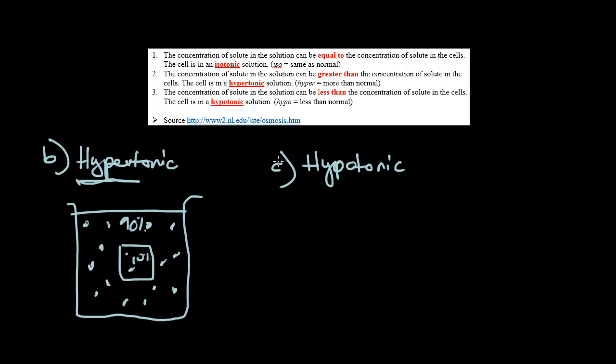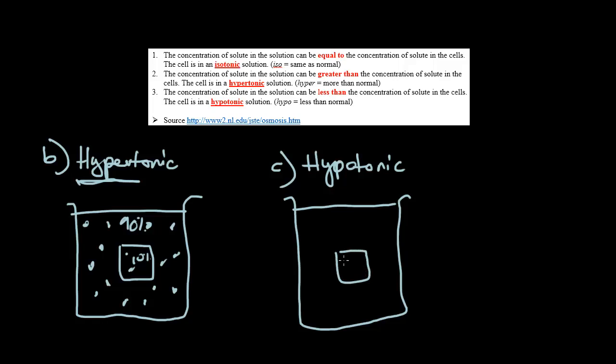Hypotonic is when it's less than normal. The concentration of a solute in a solution can be less than the concentration of a solute in cells. This cell is in a hypotonic solution. Again, I'll draw a simple diagram. Once again, I'm really sorry for my crummy drawings, but I hope you understand. This is my cell again.